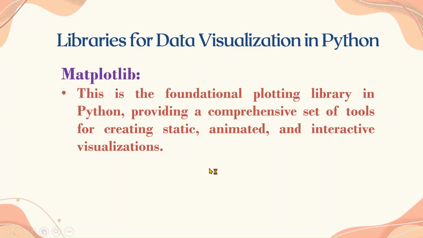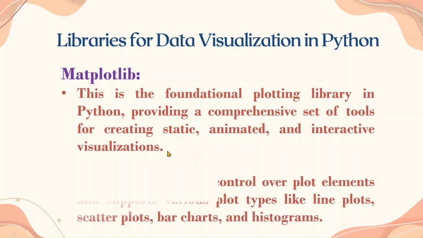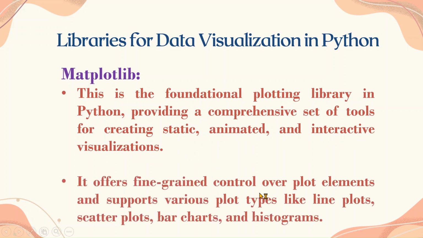So if you want to prepare graphs, they could be static, animated, or interactive visualizations, like when I put the mouse on a graph, some text pops up. It offers fine-grained control over plot elements and supports various plot types, like line plots, scatter plots, bar charts, histograms, and so on.